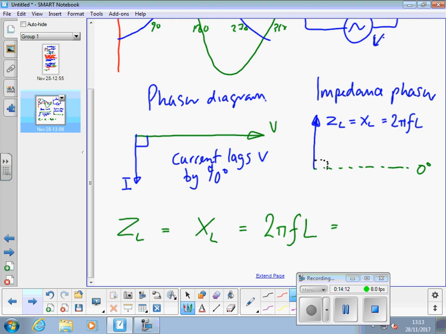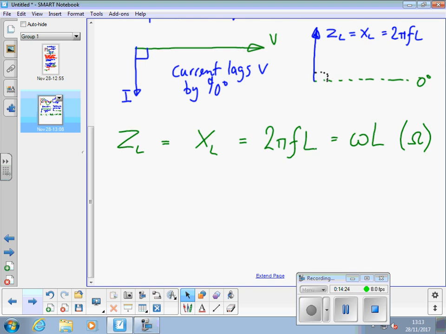You may also come across it as omega L. They're all measured in ohms. Impedance of an inductor is equal to the inductive reactance.